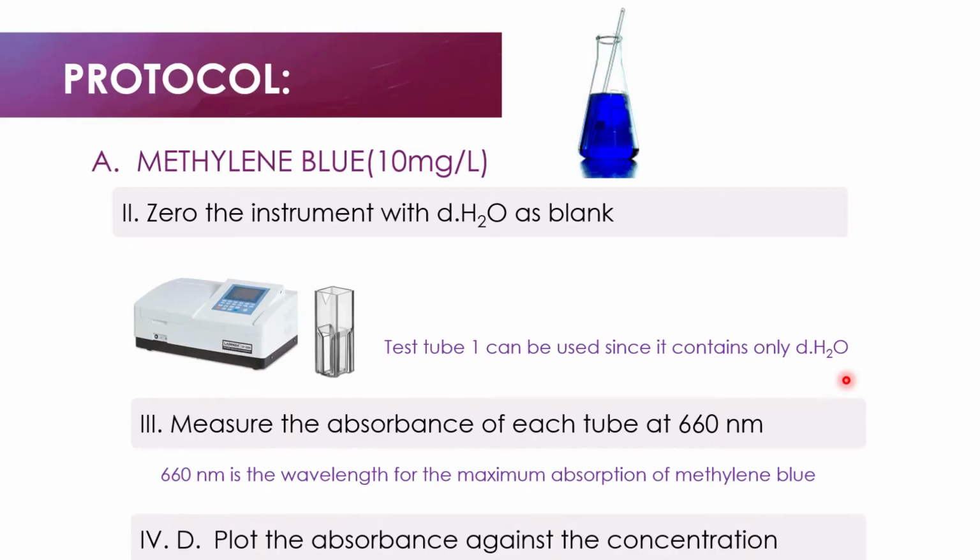So when we are done with that, we zero the instrument with distilled water as blank. And what we have to note is that test tube 1 can be used since it contains only distilled water.